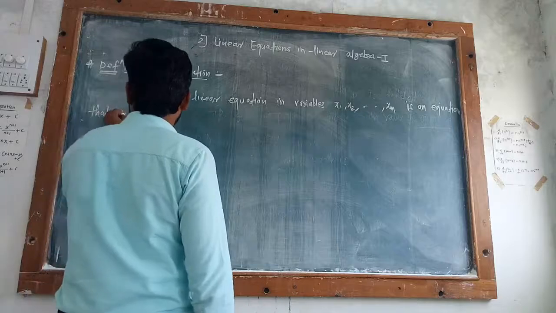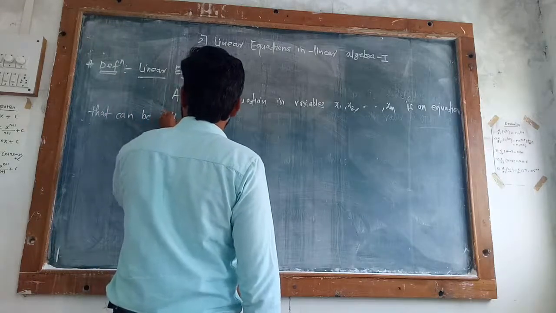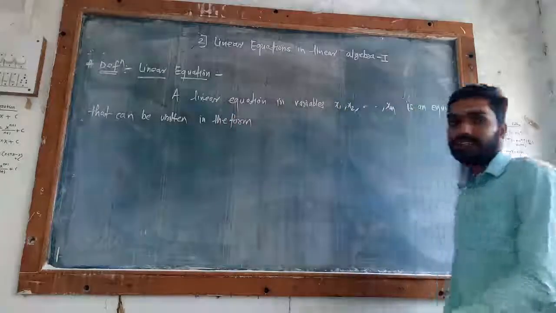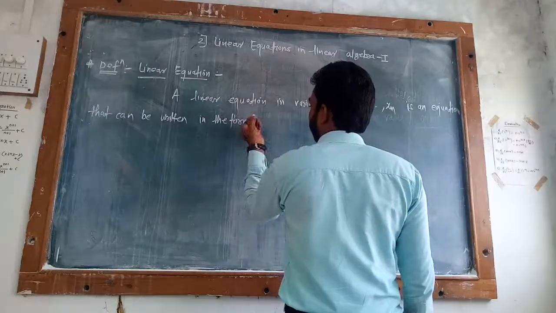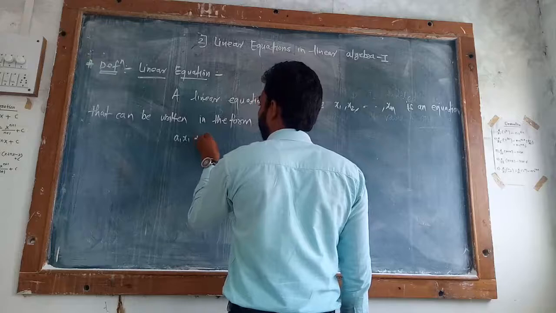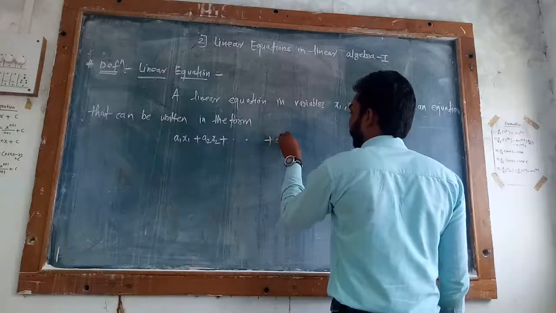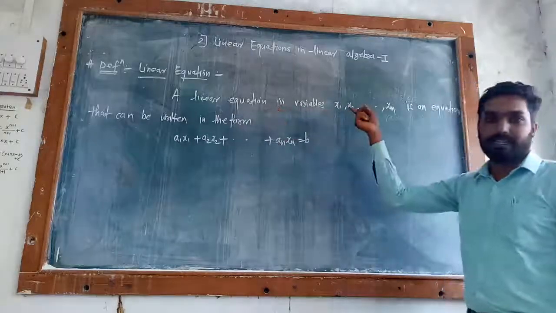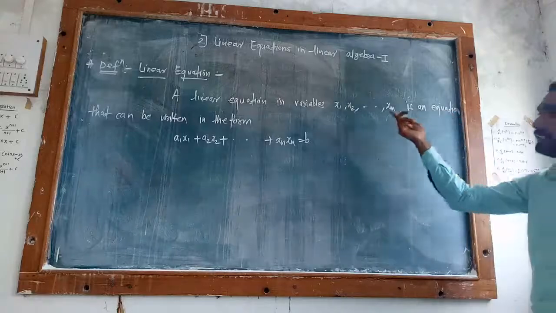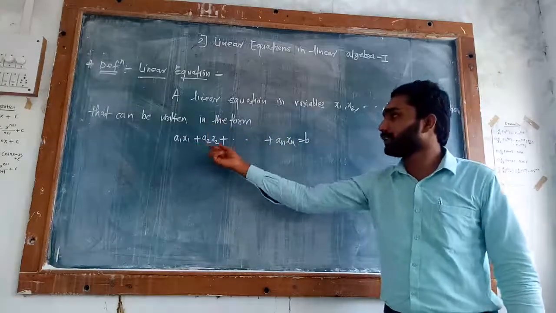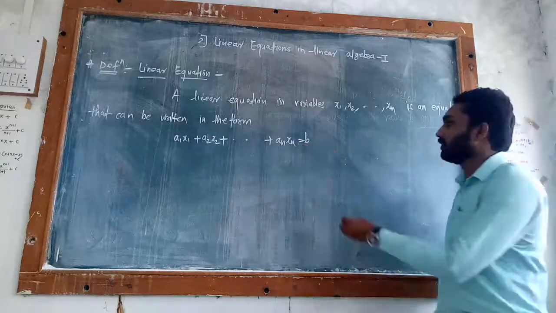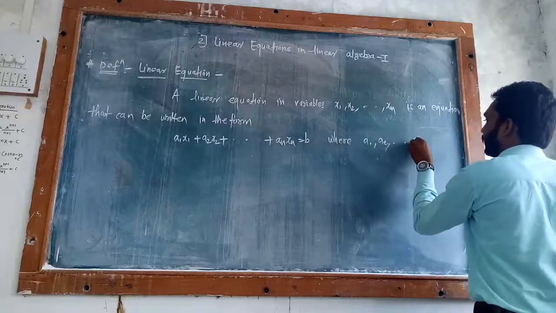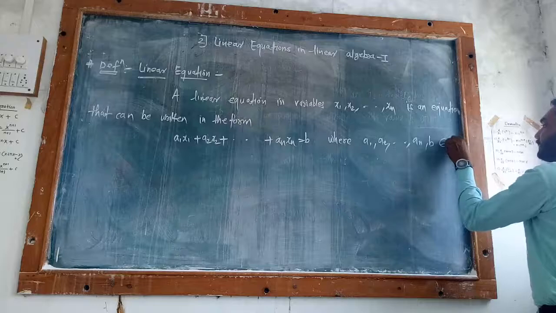that can be written in the form a1 x1 plus a2 x2 up to an xn equal to b, where a1, a2, up to an and b are all real numbers.